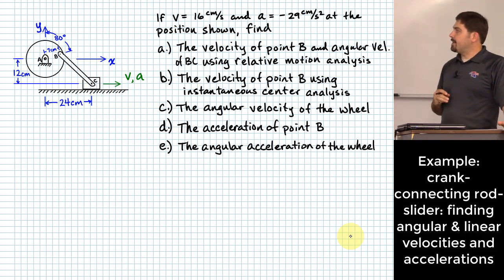After that, we're going to do it a second way and find the velocity of point B using the instantaneous center method. After that, we're going to use our relative acceleration analysis to figure out the acceleration of point B. And then from there, we are going to figure out the angular acceleration of the wheel, the thing that's centered at point A.